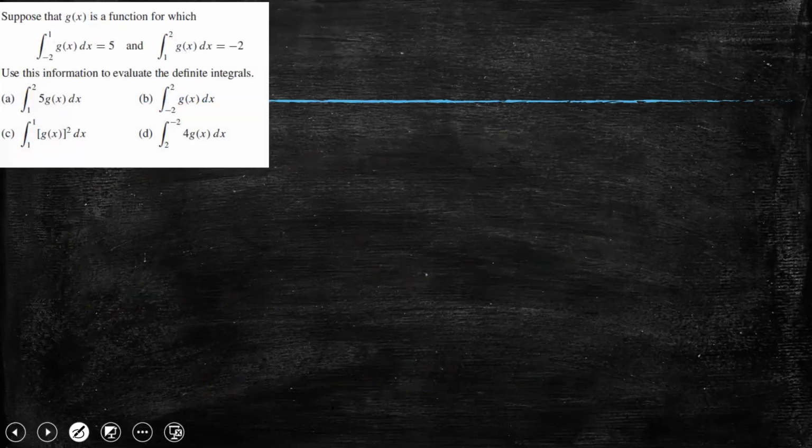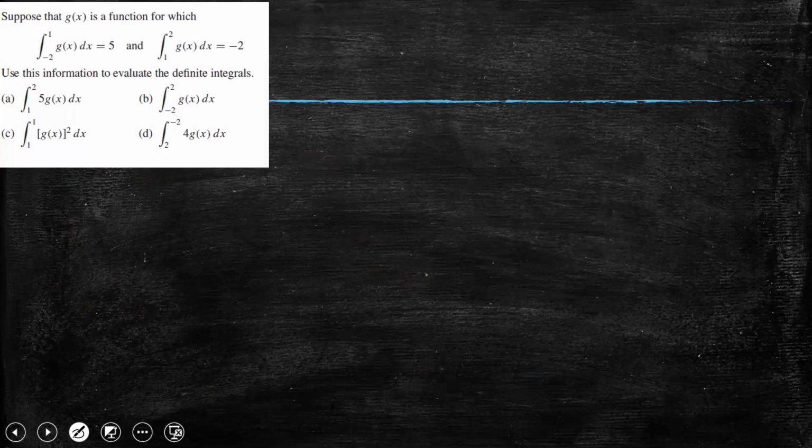Now here. Suppose that g of x is a function for which the integration from -2 to 1 of g of x is 5, and from 1 to 2 is -2. Use this information to evaluate the definite integrals.